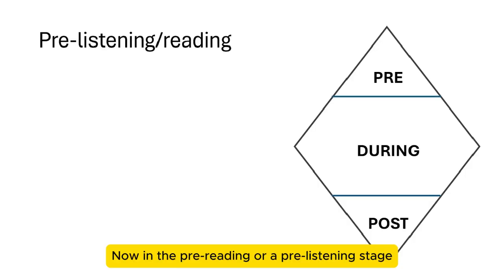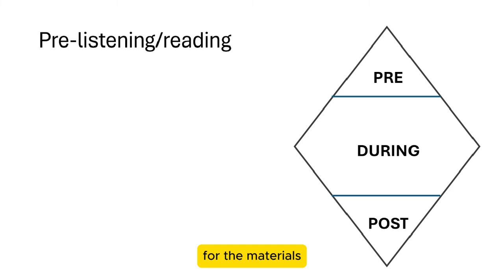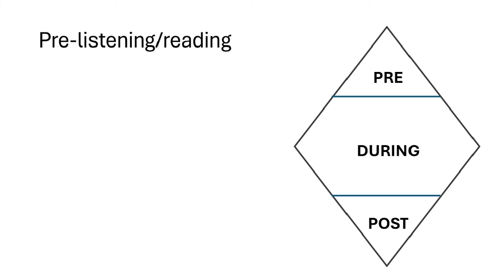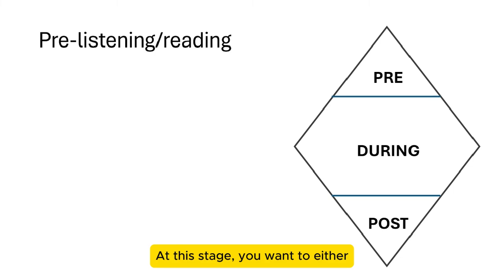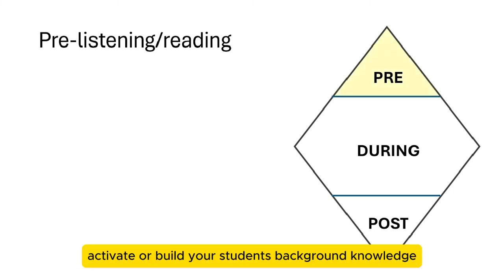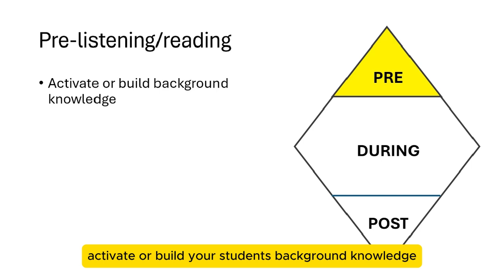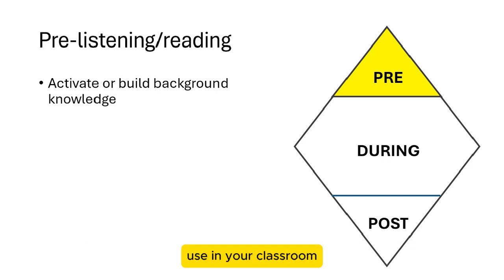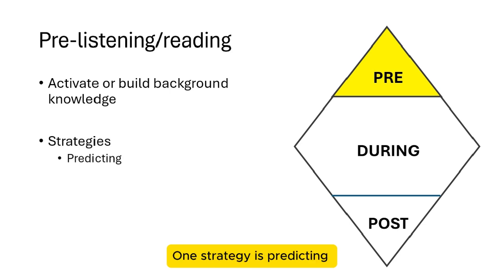Now, in the pre-reading or pre-listening stage, the main goal is to help your students get ready for the material so they're not going in without any background or context. At this stage, you want to either activate or build your students' background knowledge. And here are some strategies that you can use in your classroom. One strategy is predicting.